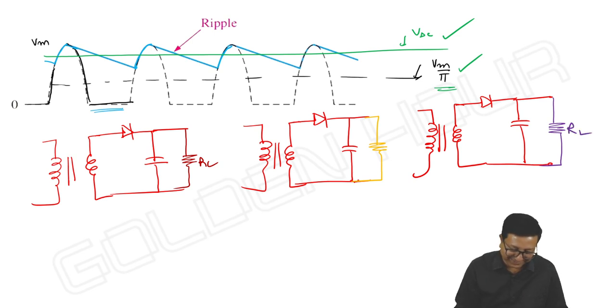Just for understanding's sake, I'm writing here: RL1 is less than RL2 is less than RL3.